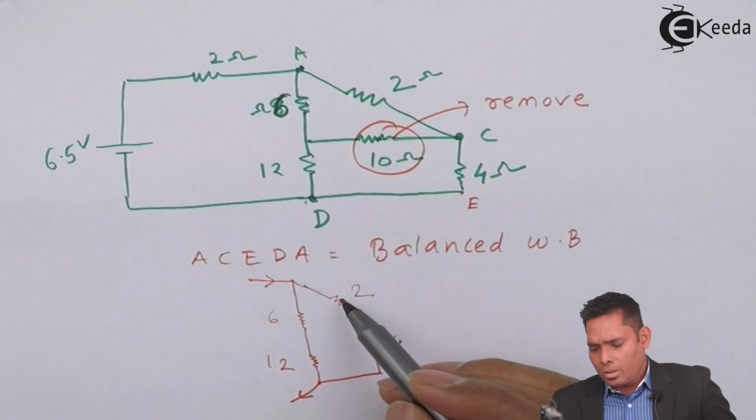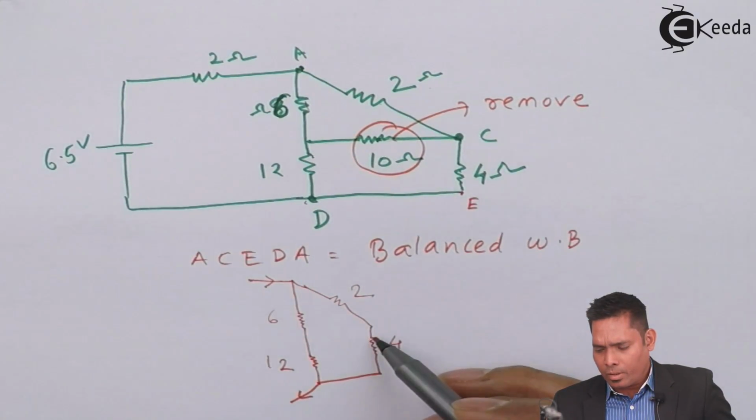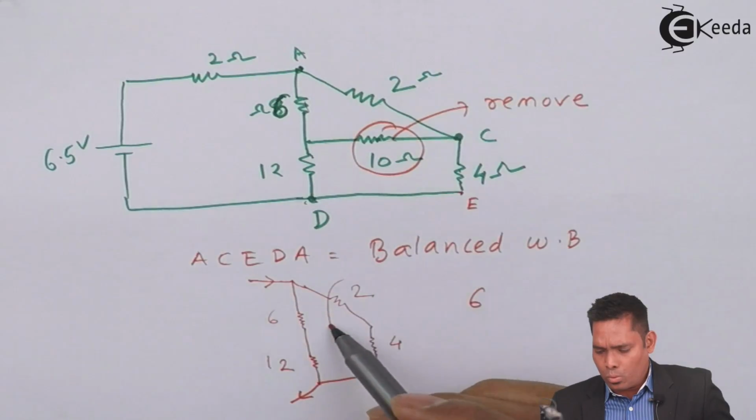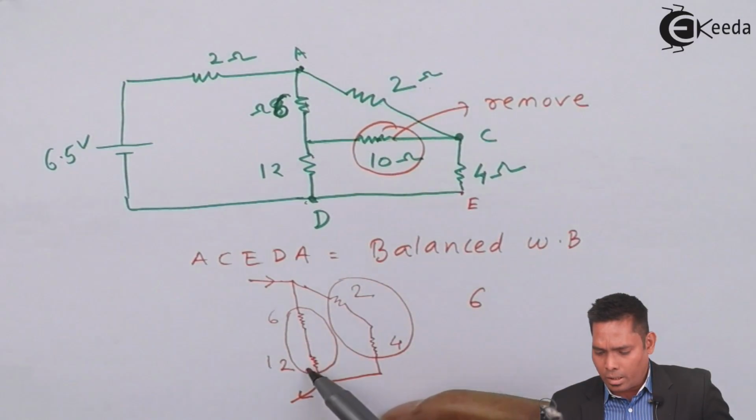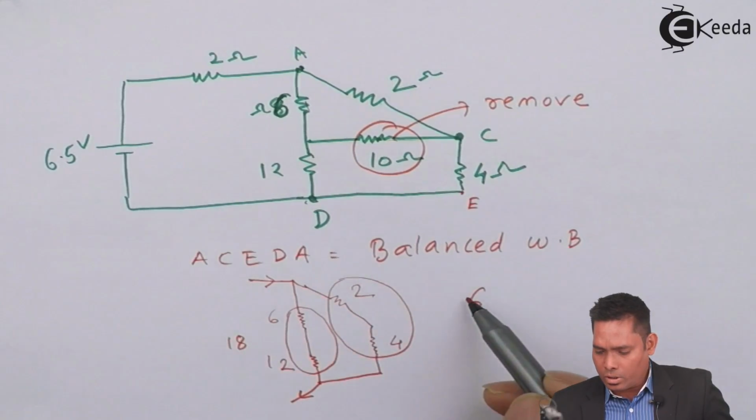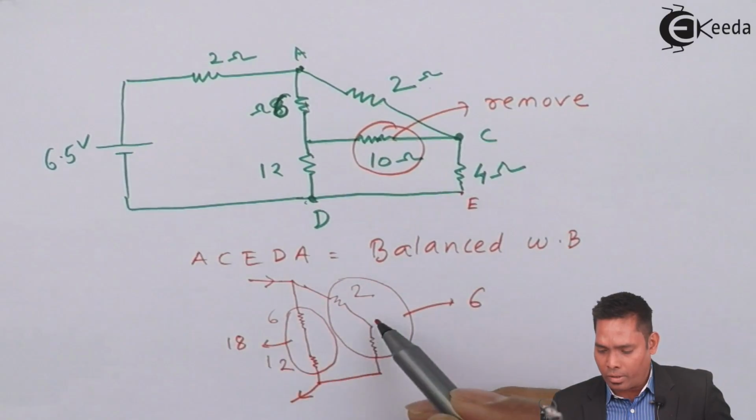So 2 and 4 in series is 6. These 6 and 12 are in series, that is 18. So this 6 here and 18 here are in parallel.